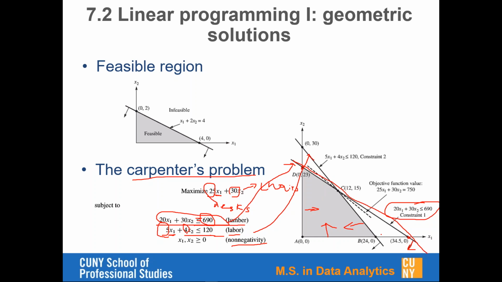So in order to satisfy all 4 constraints in this case, including x1 and x2 being 2 separate constraints, you have to limit yourself to this shaded gray area, and this area we call the feasible region. That's the idea for this. Now the question becomes, what is our objective function?